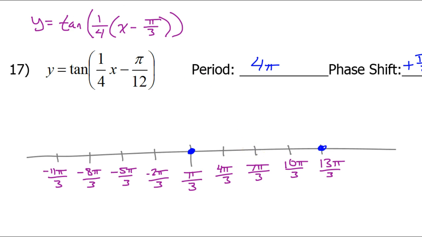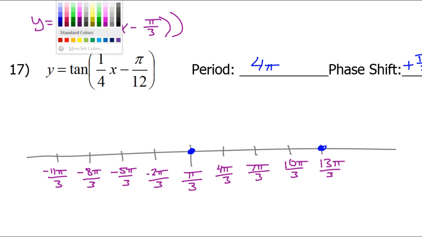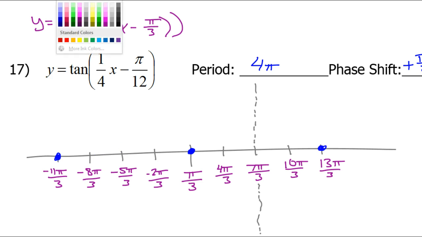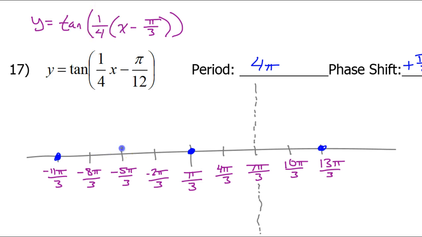And there should be an asymptote right in the middle. So this 7 pi over 3 is going to be a vertical asymptote. Okay, so that's one period over there. I will have another period if I come over here and put an asymptote again right in the middle.